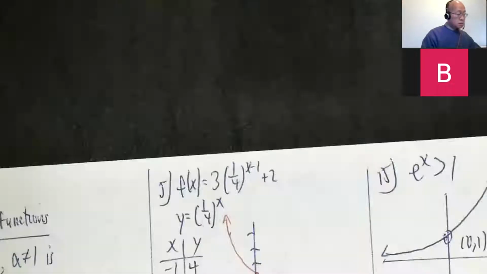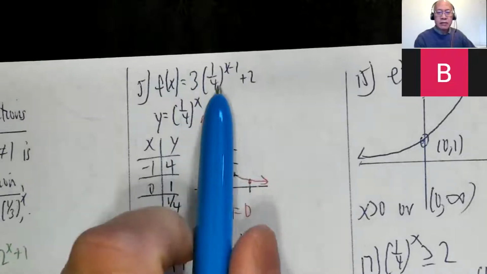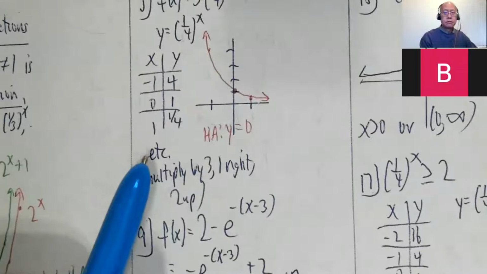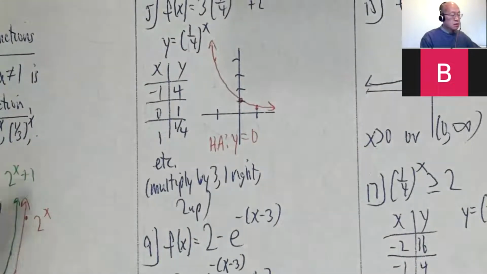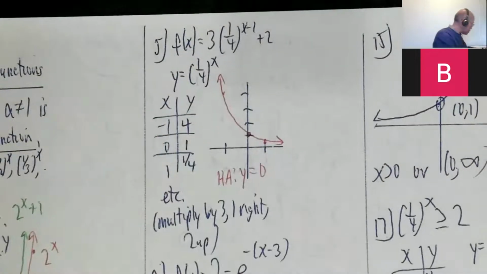So number 5, f of x is 3 times 1/4 to the x minus 1, plus 2. All right, so what happens to this graph?